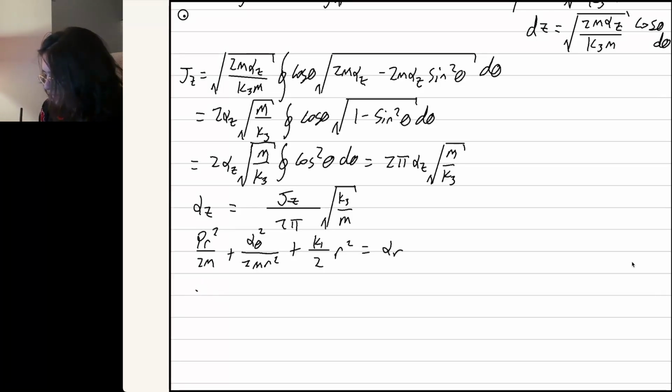And it's going to turn out that the new integral is going to be really gross. It's the square root of 2m alpha r minus alpha theta squared over r squared plus k1 m r squared under a radicand.